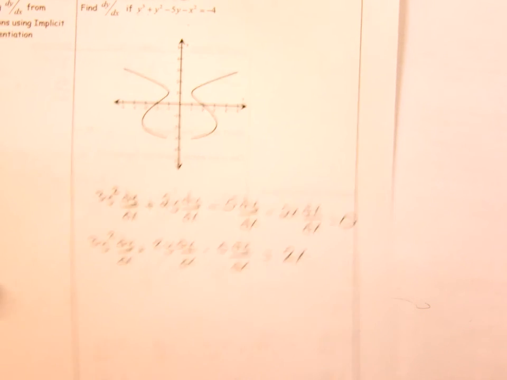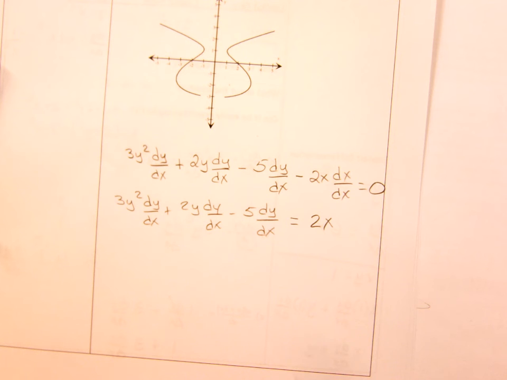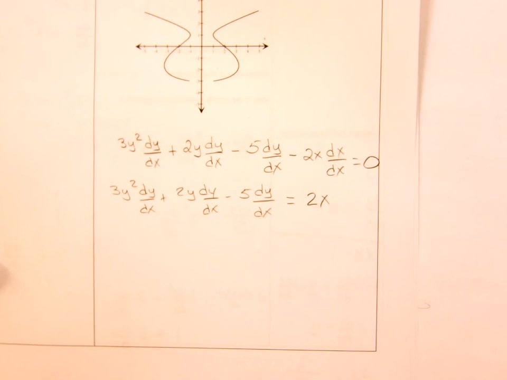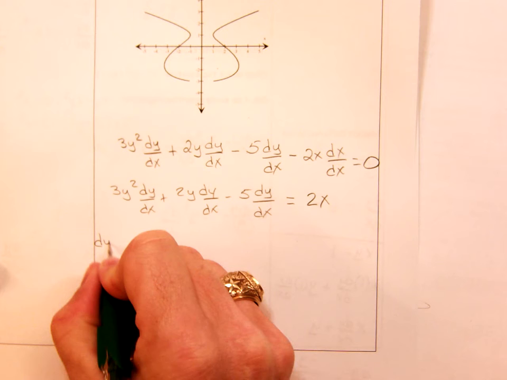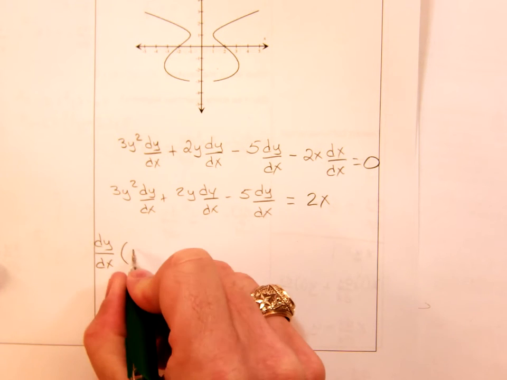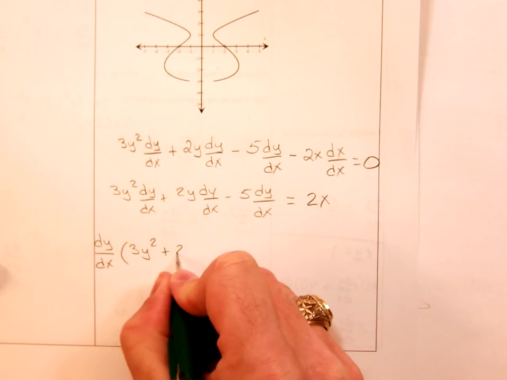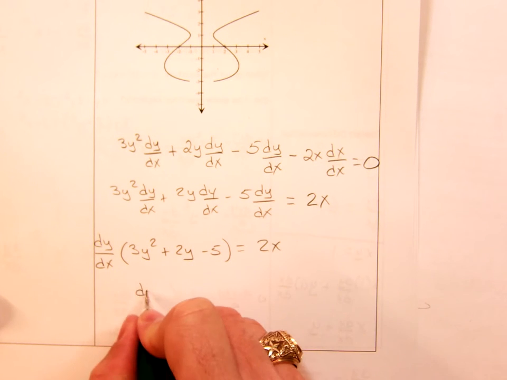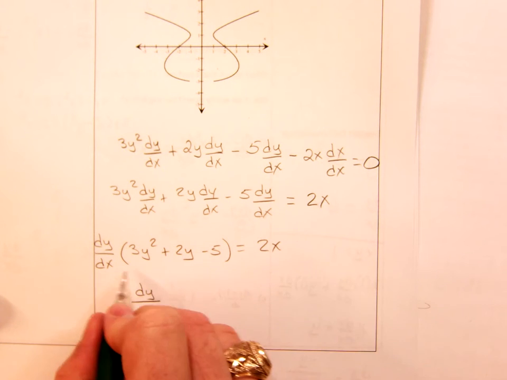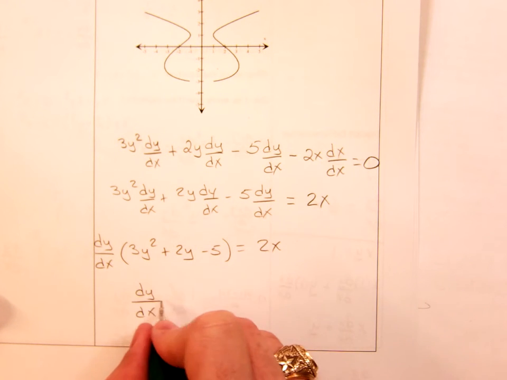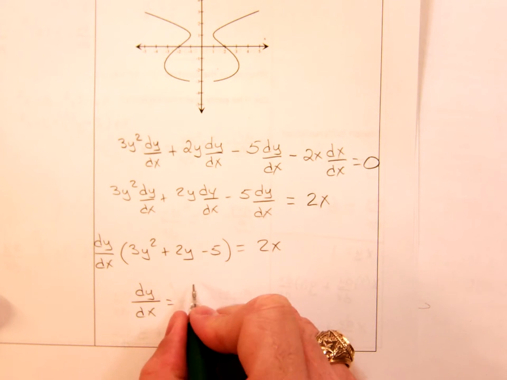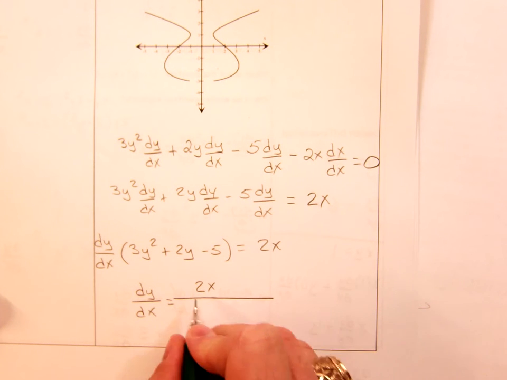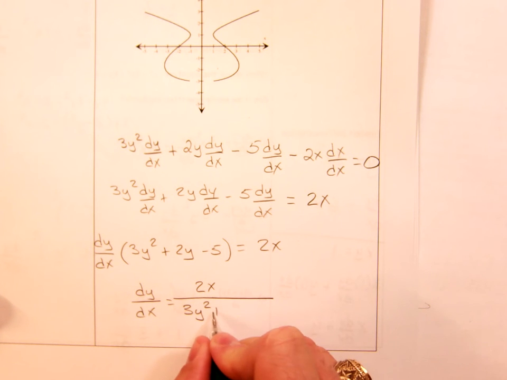I want to get all of my dy/dx's together. So you remember how our little party with our x's, how we used to like to get all the x's together? Now we're getting all of our dy/dx's together. Same idea. Okay, factor out a dy/dx. And I'm left with 3y squared plus 2y minus 5 times dy/dx is equal to 2x. If I divide everything by 3y squared plus 2y minus 5, I get dy/dx equals 2x over 3y squared plus 2y minus 5.